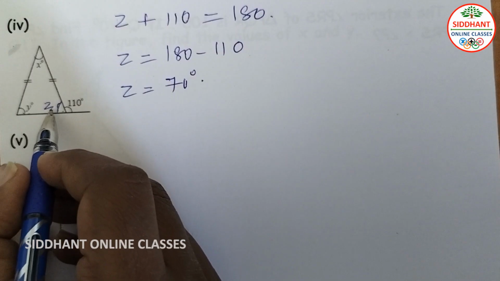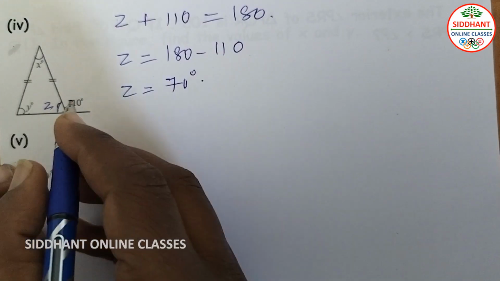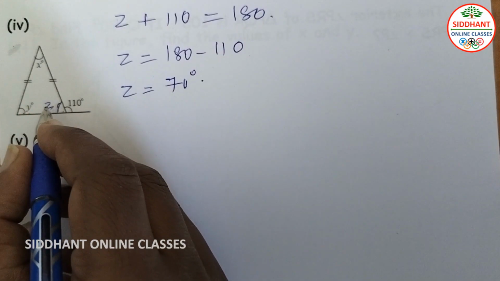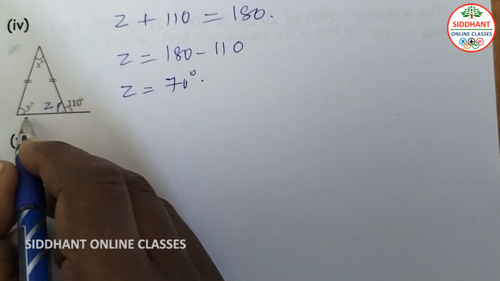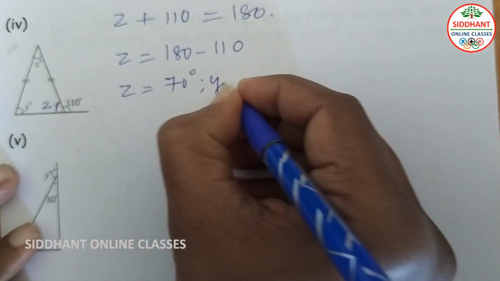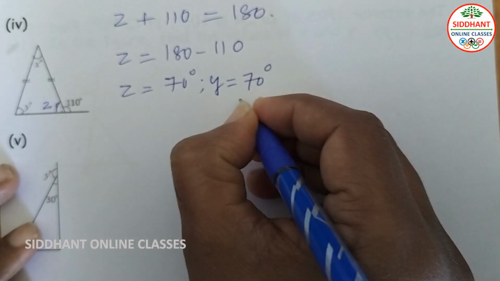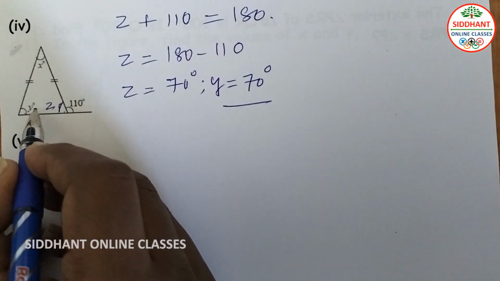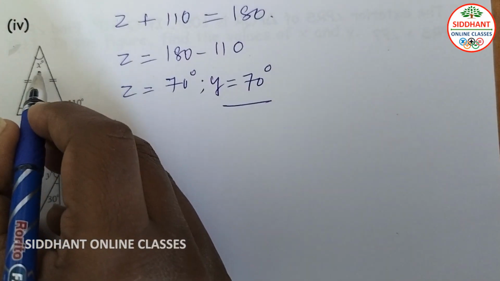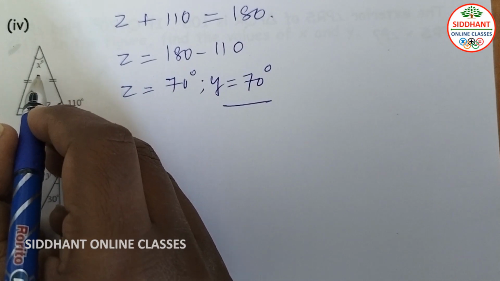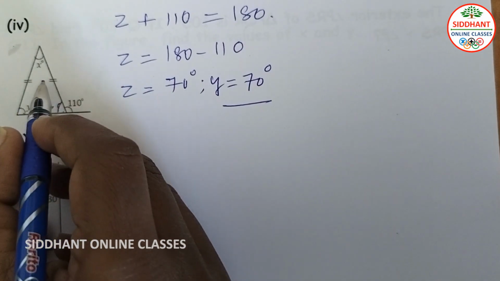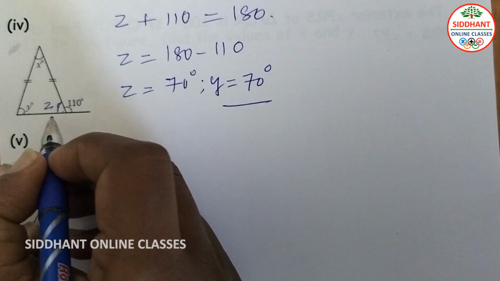So when z is 70, y is also 70 because equal sides give equal angles. The sides are equal, the angles will be equal here. Then y is equal to 70 degrees. So this is 70, this is 70. Then x we are going to find out by the sum of angles. The sum of angles in a triangle is 180.